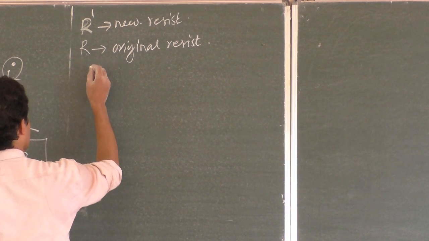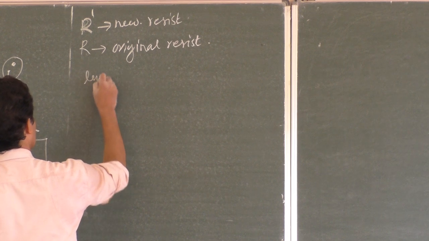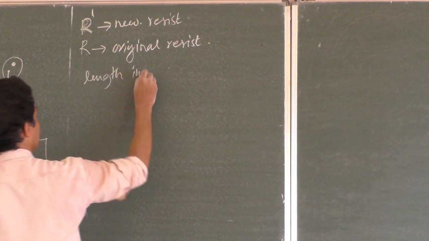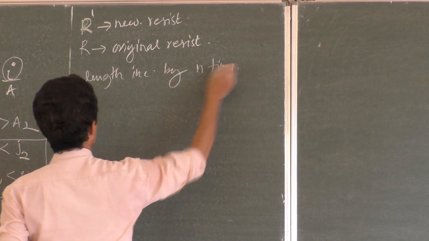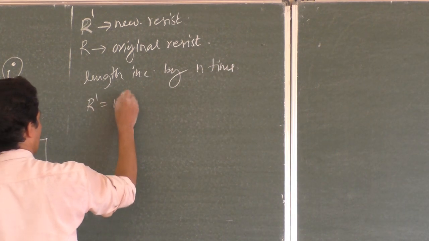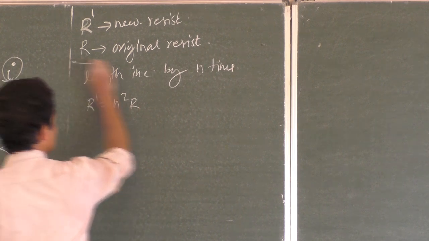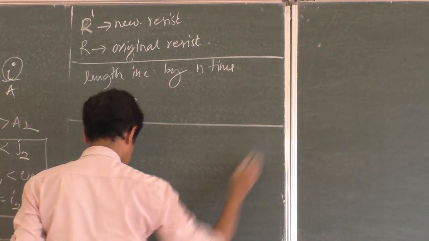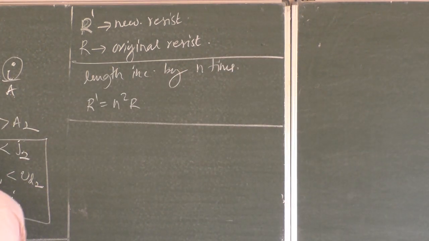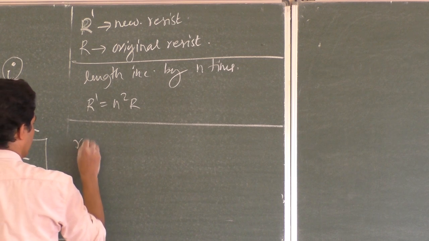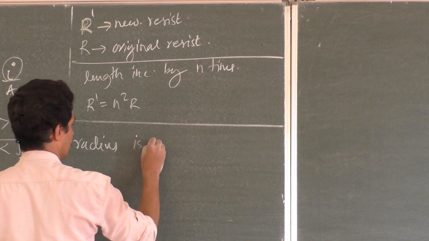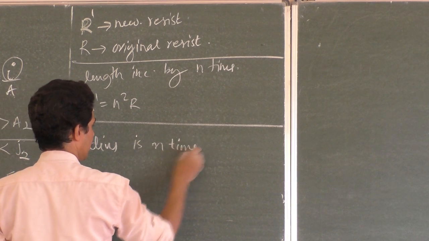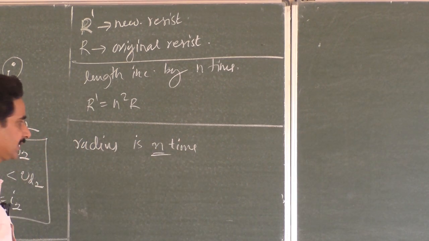Suppose it is stretched such that length increases by n times, then the new resistance is n square R. Suppose it is stretched such that radius is n times, where n means here a fraction, half, 1 by 3 and so on.